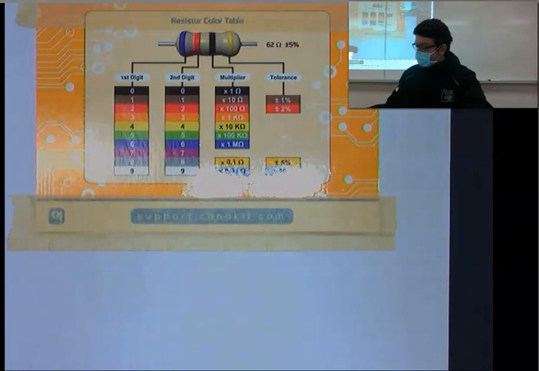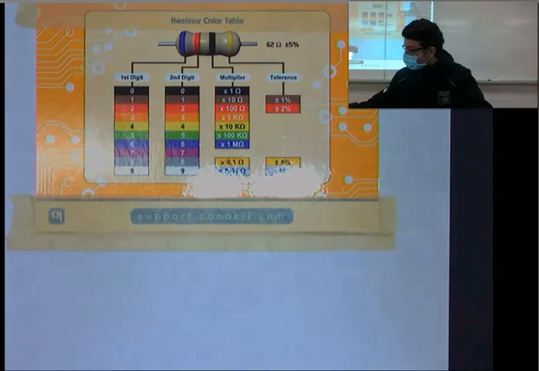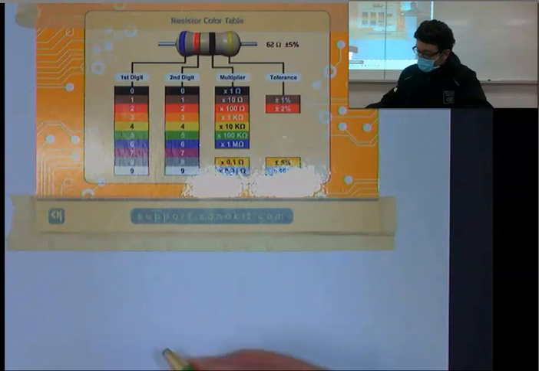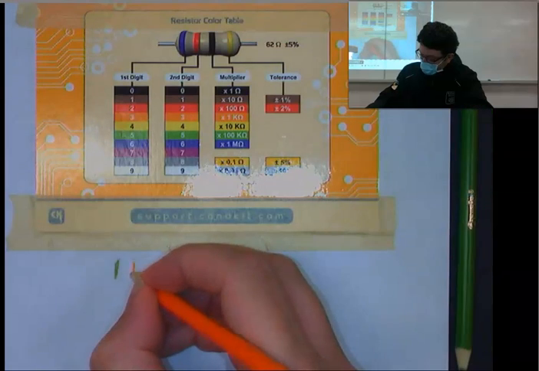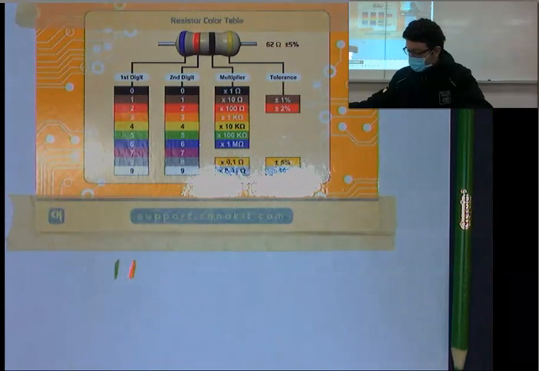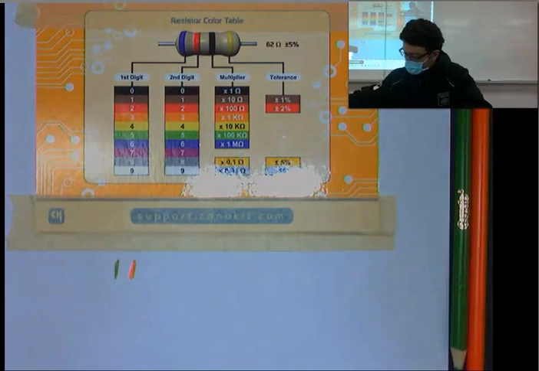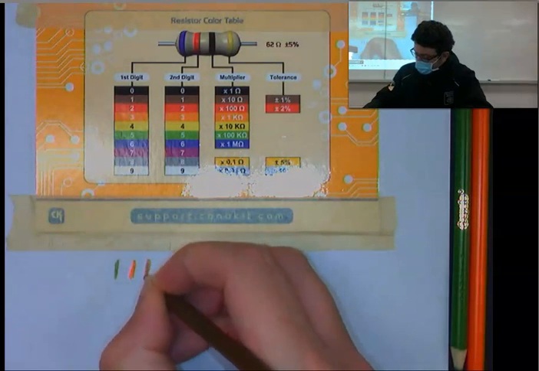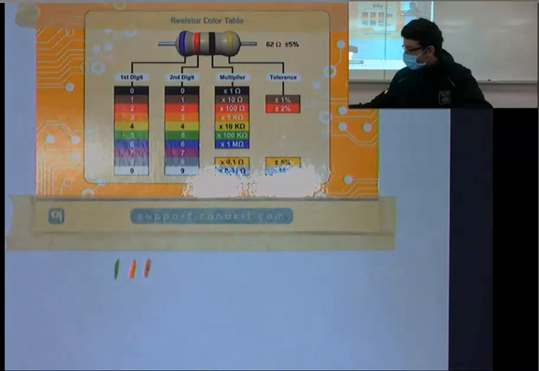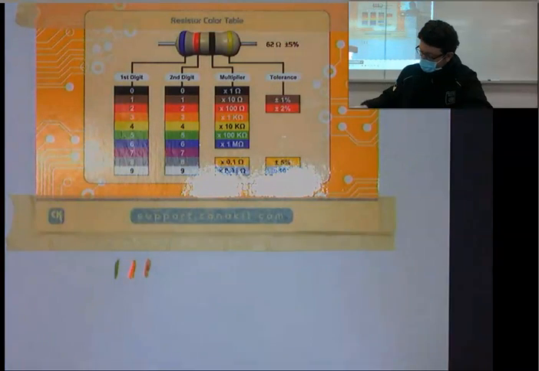Alright, so let's take an example. Let's say we have, I'll just make up my own colors here: green, orange, brown, and then gold.